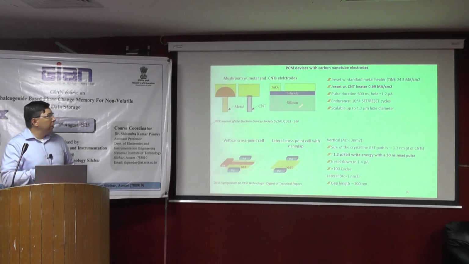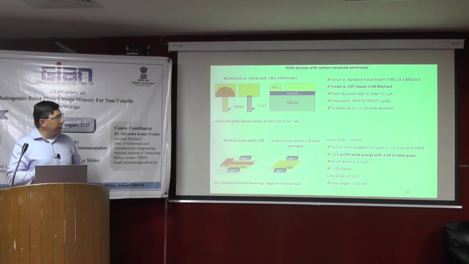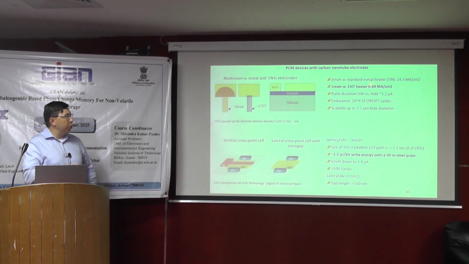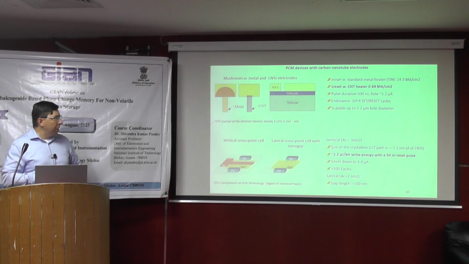But if you use an improved heater using CNTs, which have higher conductivity, then you get values like on the average 0.7 mA per square centimeter. Here they also used a pulse duration of 5 nanoseconds.